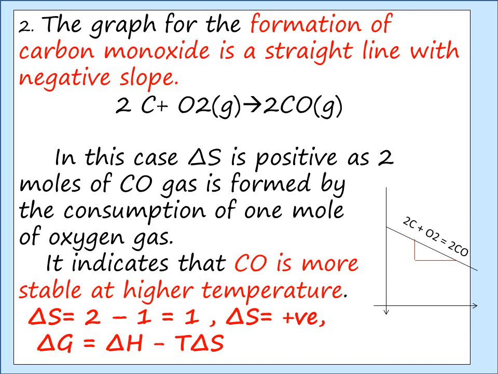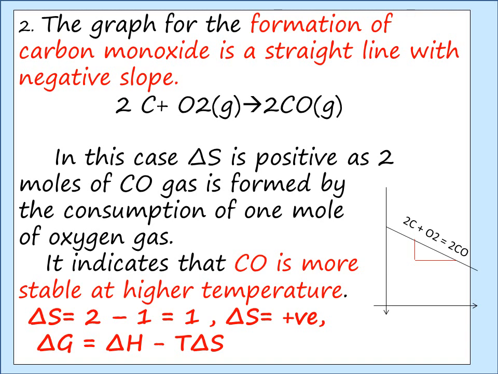So when will you get a positive entropy value? When there is increase in randomness. So here in the formation of carbon monoxide, if you see 1 mole of oxygen gas is converted to 2 moles of carbon monoxide gas. So we know that entropy increases when the number of moles of reactant is less than number of moles of products.